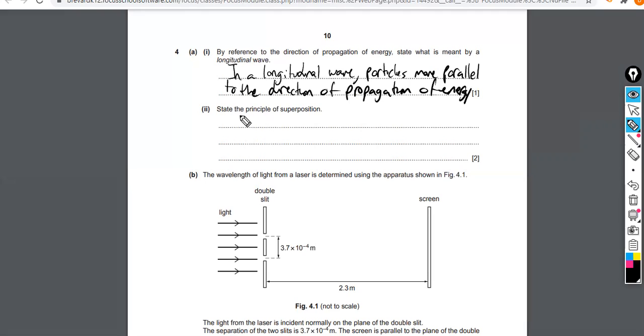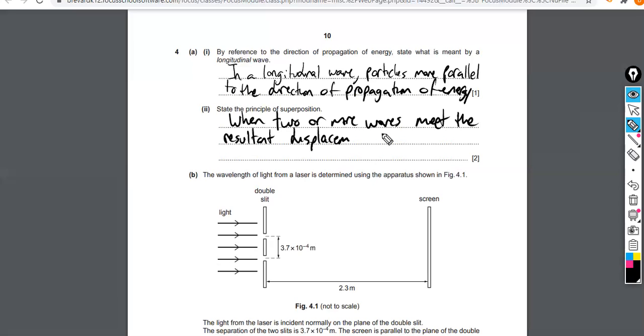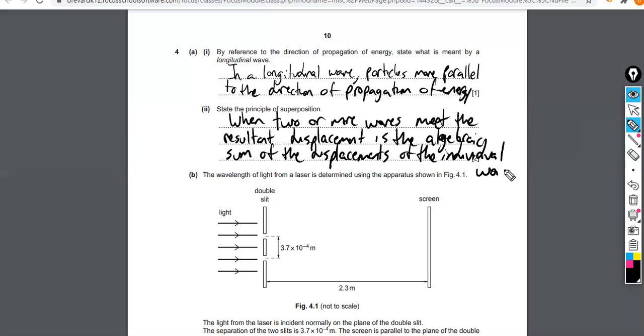So I'm going to say the principle of superposition is when two or more waves meet at a point, the resultant displacement is the algebraic sum of the displacement of the individual waves.